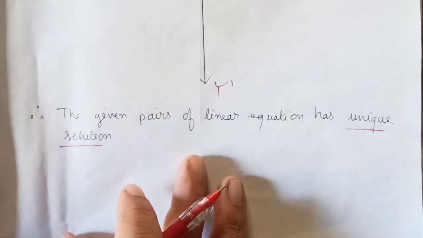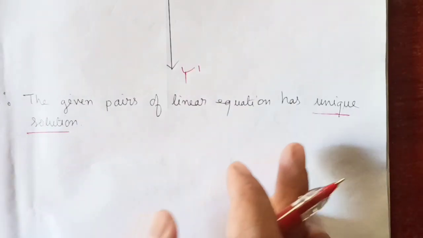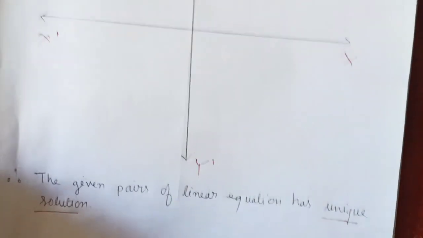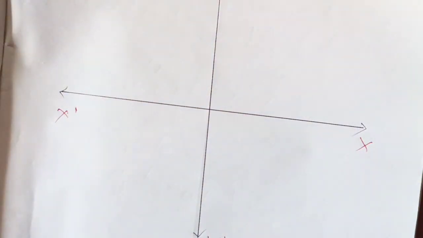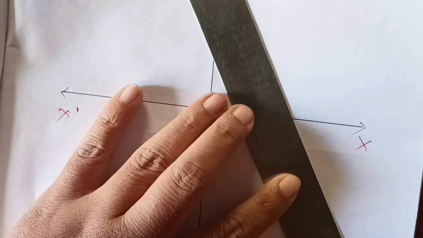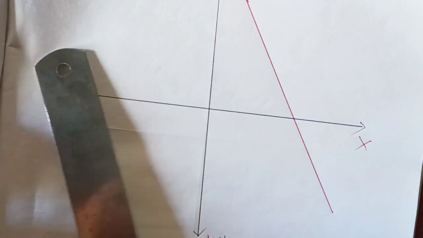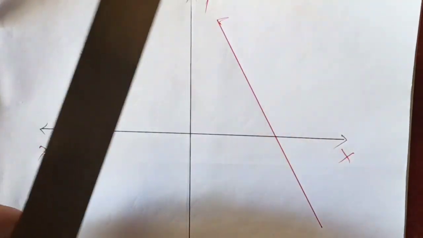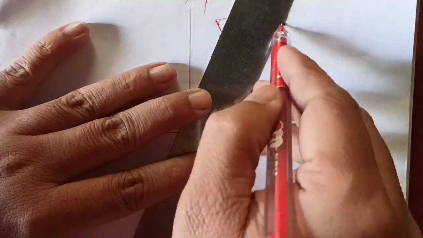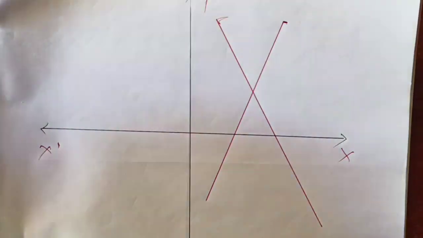So the first type of graph, we need to learn what is unique solution. For unique solution, the graph will be, for example, there's one line. Then when we draw another line, let me draw like this.